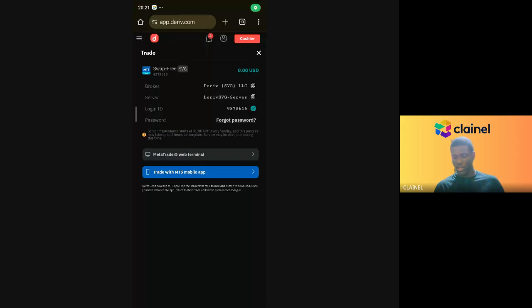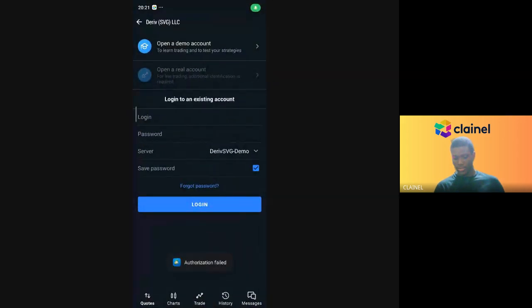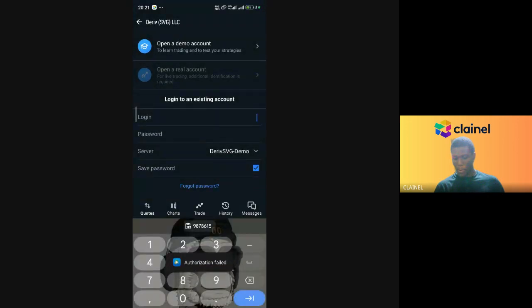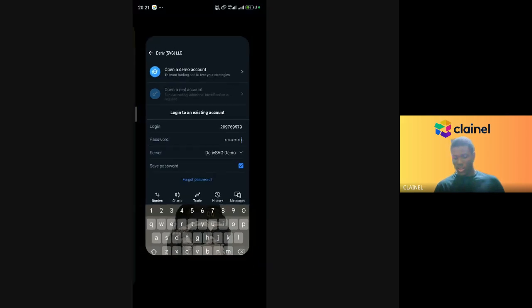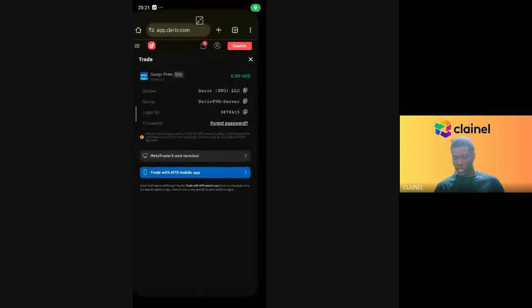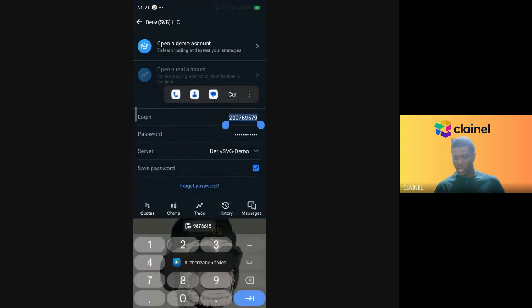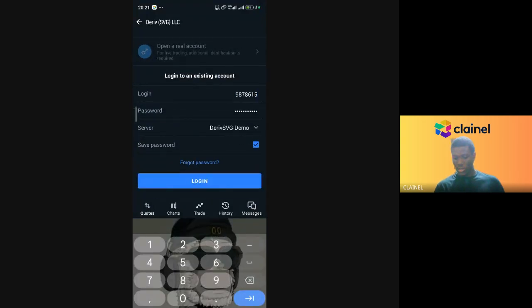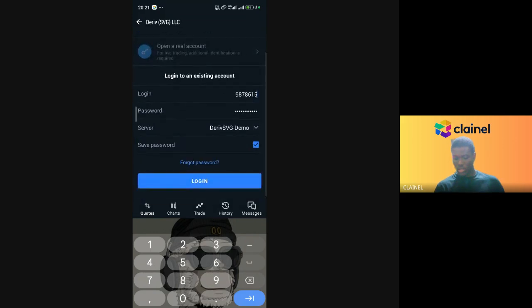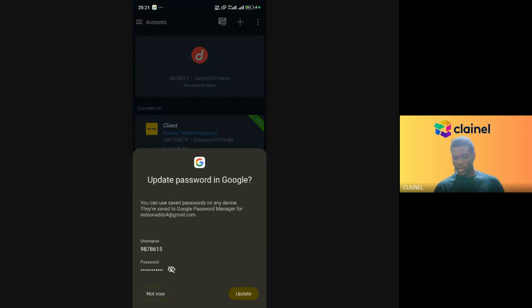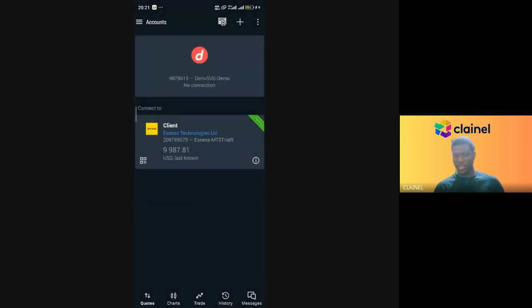You click on your login ID, then you click on paste. For passwords, my password is already saved, so I'll click on paste. All right, click on login. So now it's there already. You can see that the Deriv account is connected to the MetaTrader 5.